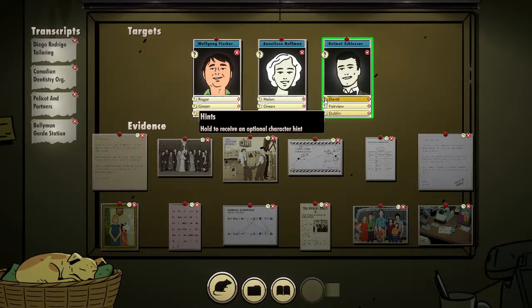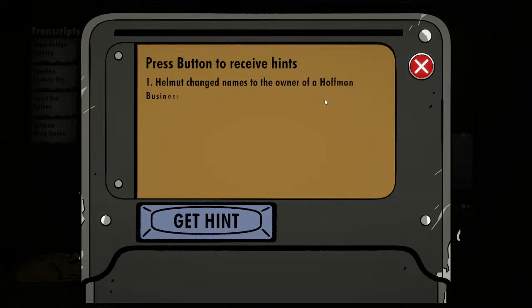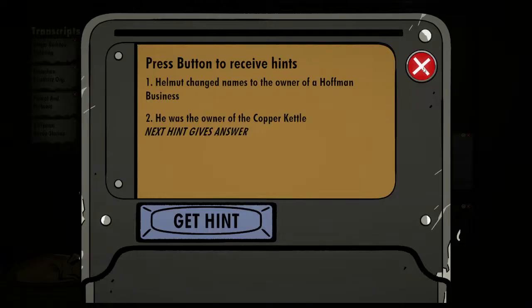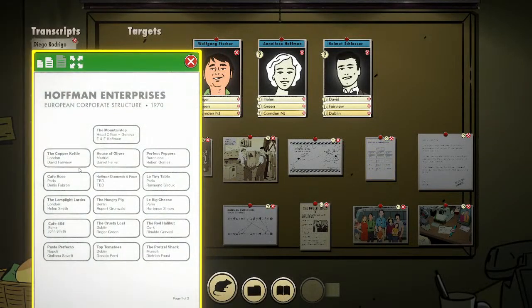I must be wrong about this David Fairview thing. That must be what I've got wrong. Helmut changed names to the owner of a Hoffman business. He was the owner of the Copper Kettle. That's what I said. How do I have more than 2 wrong? The Copper Kettle, David Fairview.